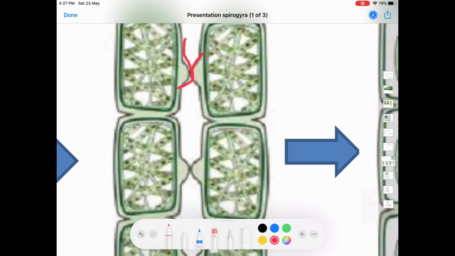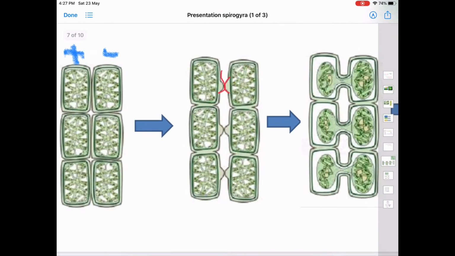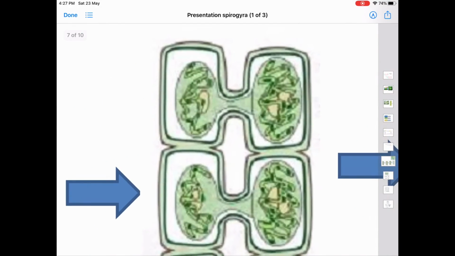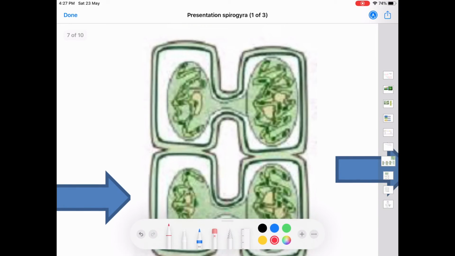See this. This is the papilla-like outgrowth. The papilla-like outgrowth is produced in the opposite cells of different filaments. The papilla-like outgrowths now join and the point of joining dissolves, forming a conjugation tube. See this. This is the conjugation tube.